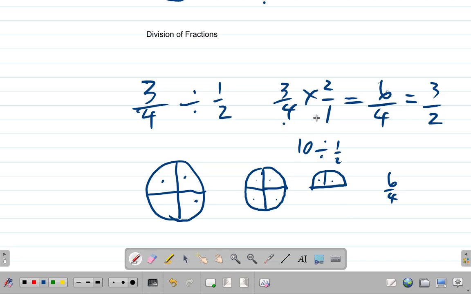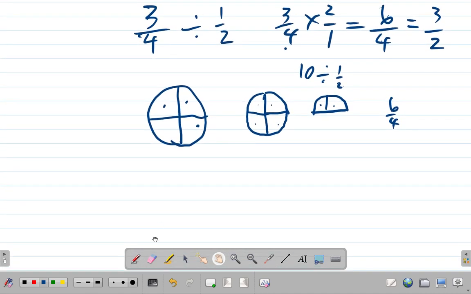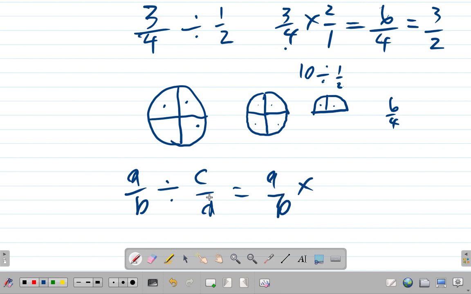But basically, the shortcut method is, if you have A over B divided by C over D, it is the same thing as A over B multiplied by the reciprocal of C over D. That will be D over C. You see?